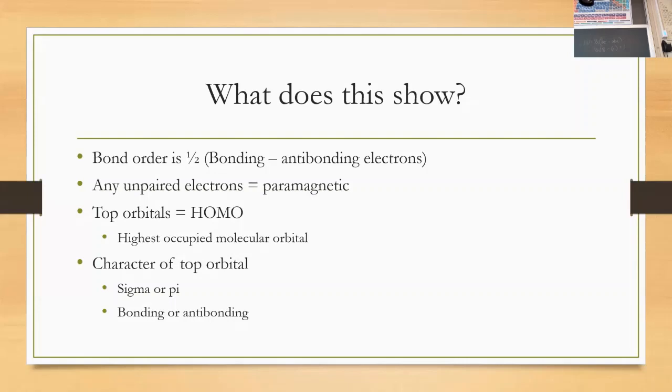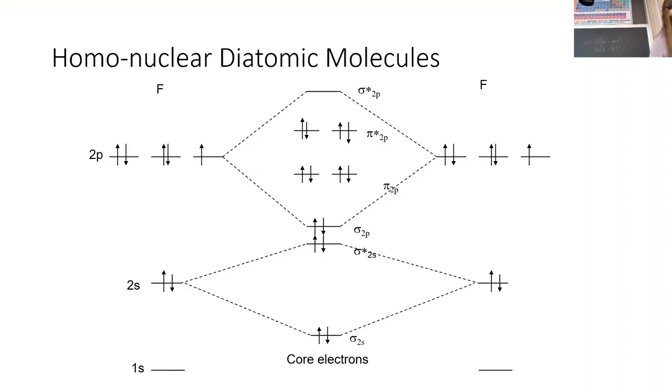We can look at, is it paramagnetic or not? So let's take a look back at the diagram. Are there any unpaired electrons in the middle? So when we ask these questions, we're just looking in the middle here. No. So we expect this to be the opposite of paramagnetic, which is diamagnetic. I don't know why it's not unparamagnetic, but it's diamagnetic. So this is diamagnetic.